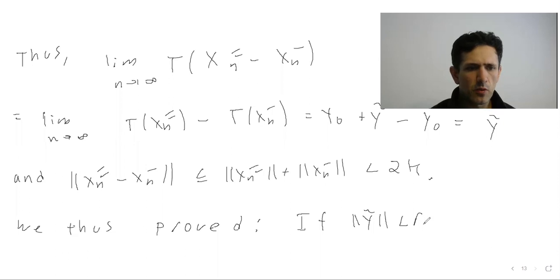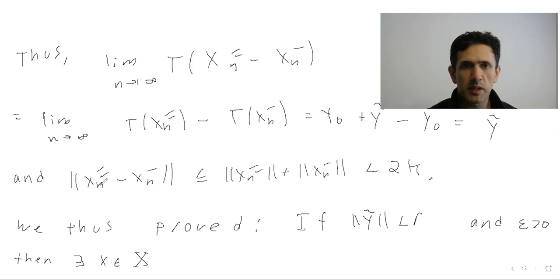So if this has norm less than r, and if epsilon is bigger than 0, then there exists x in big X, particularly, just take x to be xn second prime minus xn prime for n large enough.